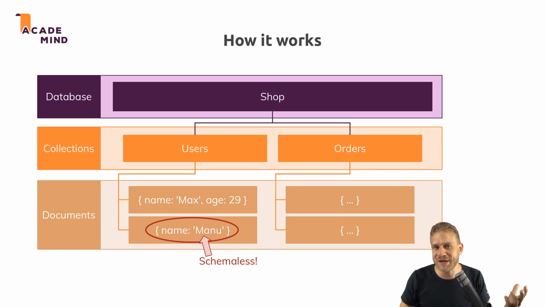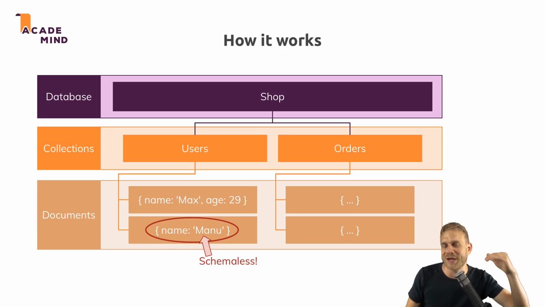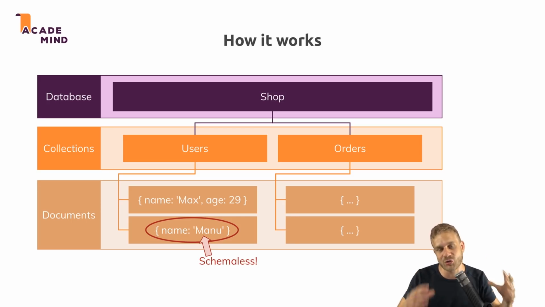And it's especially great, for example, for growing businesses where you don't know which kind of data you will need in the end or you will be able to gather in like 6 months. But you want to start now, and you can basically store the data you have. And if you collect more data in 6 months, you can add it to the same collection. Obviously, you'll have to work on your querying logic then and make sure you don't rely on data which might not be there for all documents. But in general, this is a great advantage, or it can be a great advantage at least.